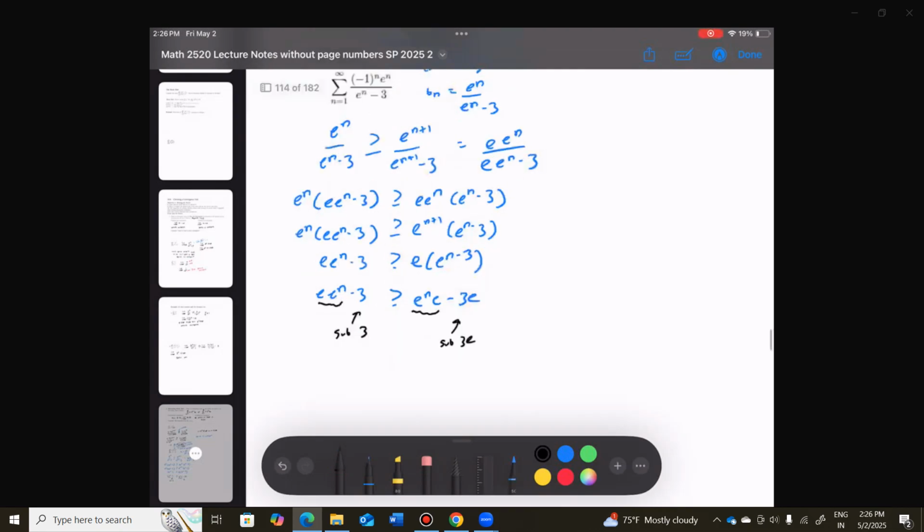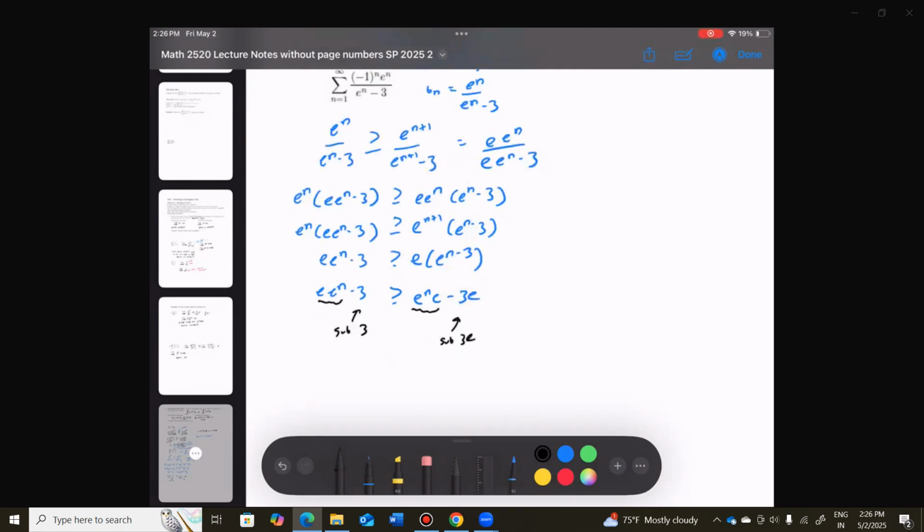Okay, so we're subtracting a larger value here. So this means this whole thing is smaller. And so this statement is true. So the sequence is decreasing.